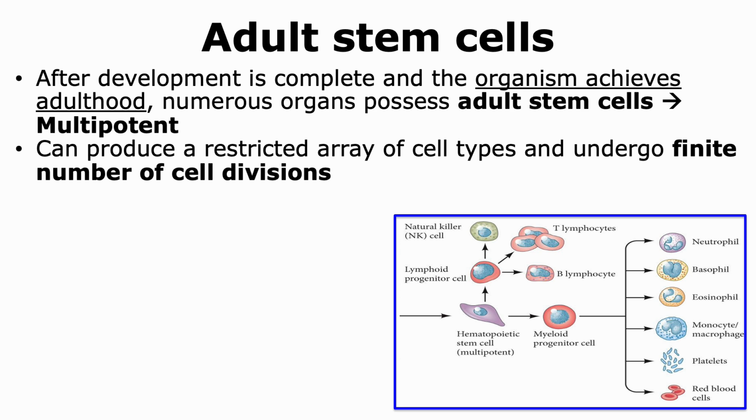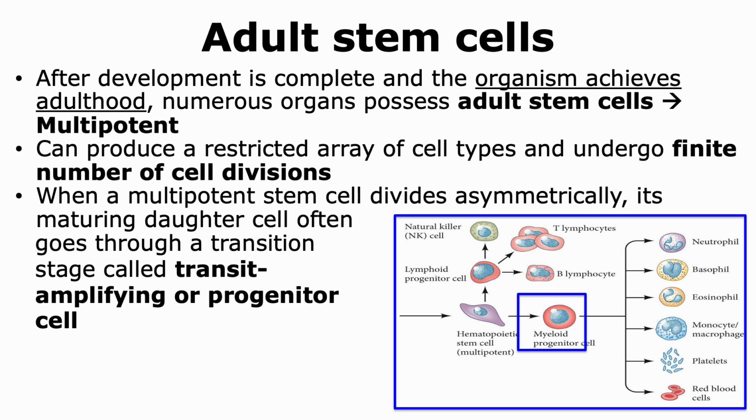As shown in this figure, we have an example of a hematopoietic stem cell, and this hematopoietic stem cell is multipotent. When the multipotent stem cell divides asymmetrically, its maturing daughter cell often goes through a transition stage called the transit amplifying or progenitor cell.